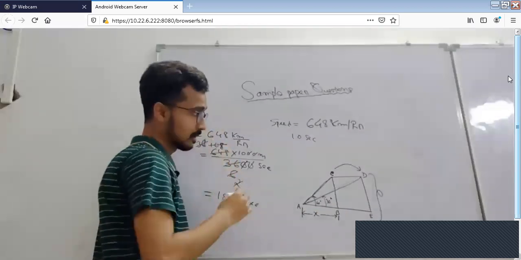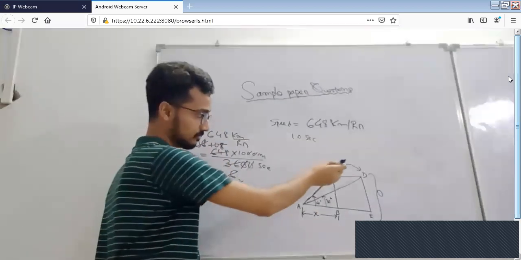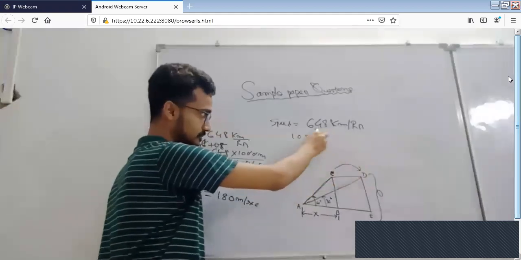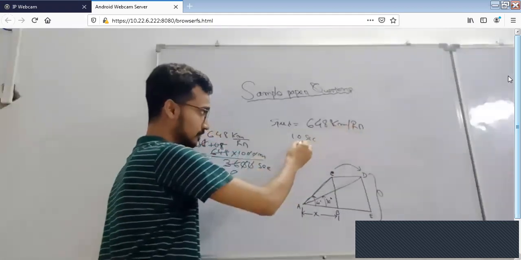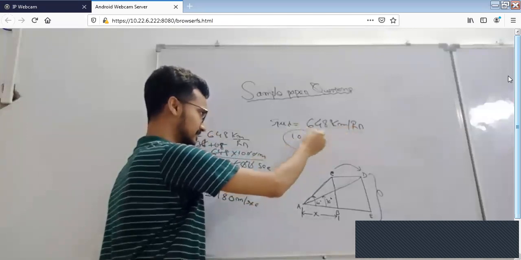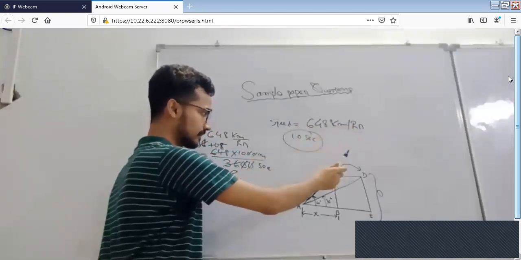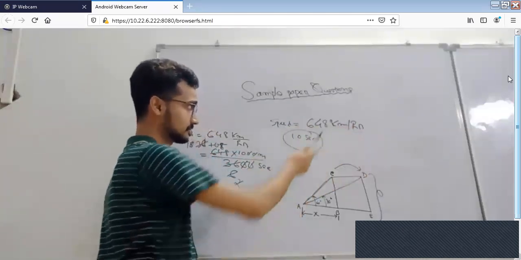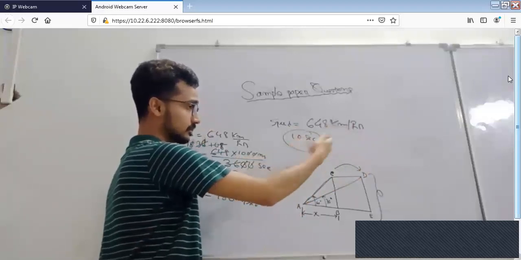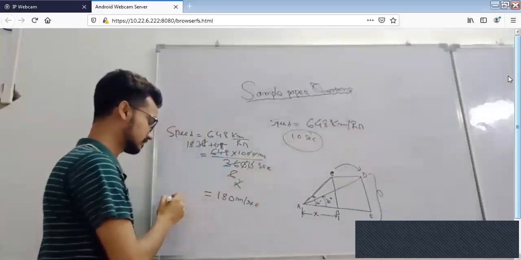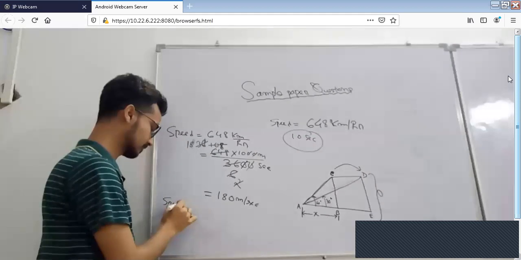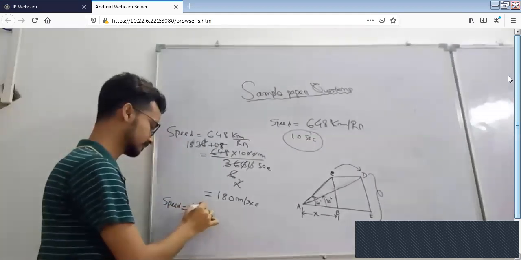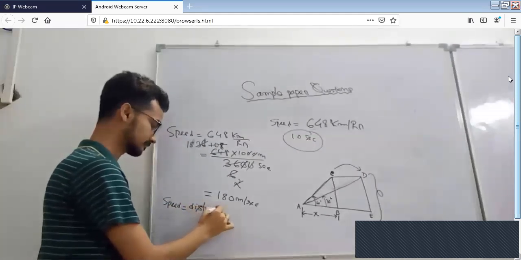Now see, the jet fighter flies from point C to point D with a speed of 648 km/h, and the time taken by the jet fighter for flying from C to D is 10 seconds. That means speed is given, time is given. So you can find the distance, because we know that speed is equal to distance by time.